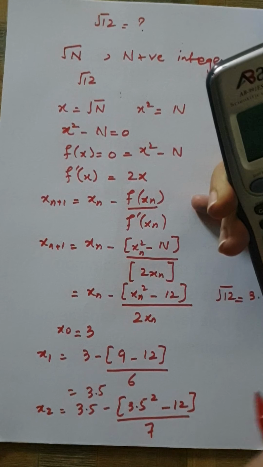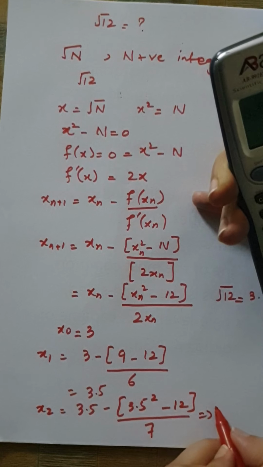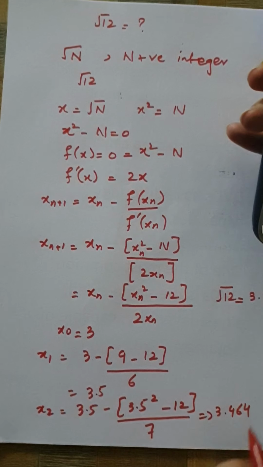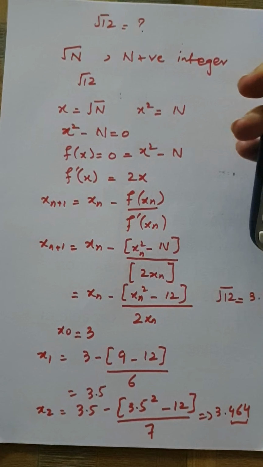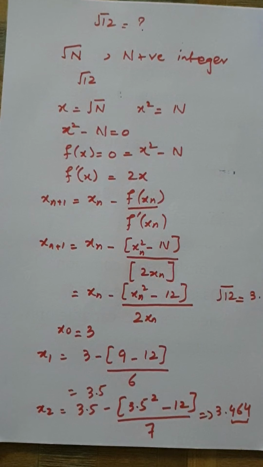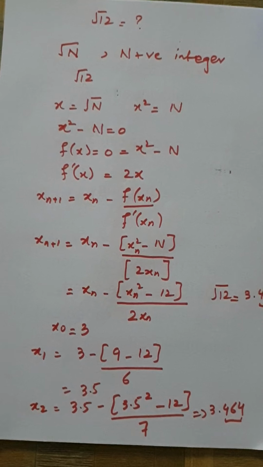You will get the value comes out to be 3.464. That is correct to 3 decimal places within the second iteration. So in this way you can find the iterative formula for determining the square root of any number. You can perform the multiple iterations until you get the desired result.